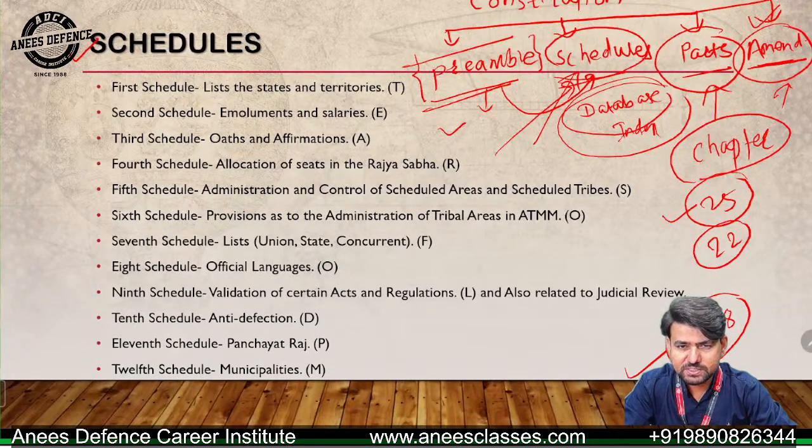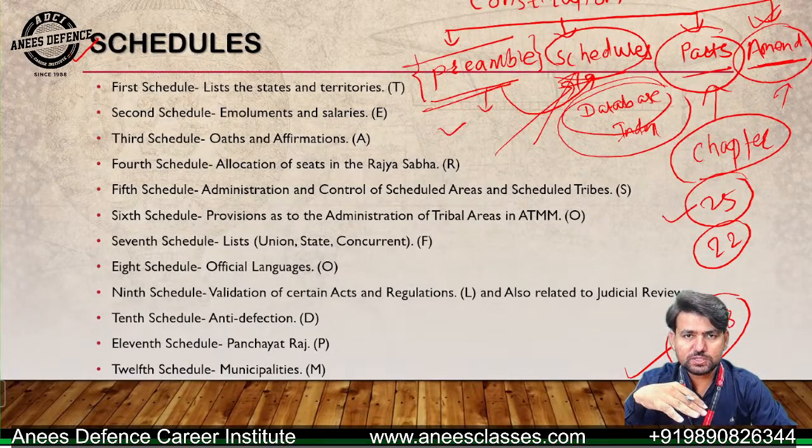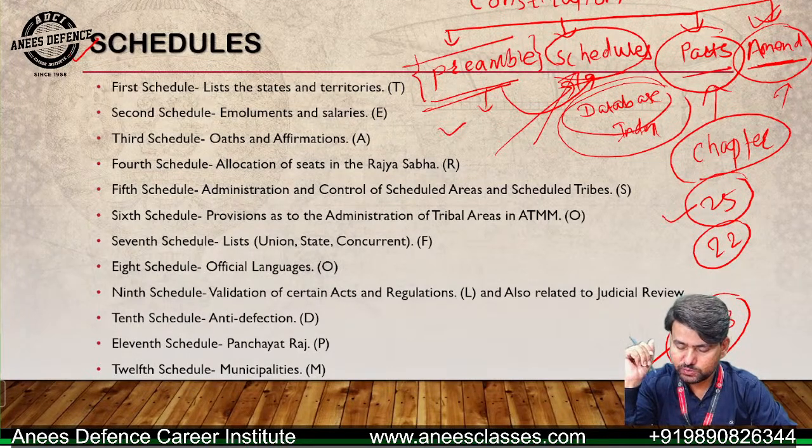Now what do we mean by amendments? As I told you already, making changes in the constitution. What kind of changes? You are either adding something to the constitution, or removing something from it, or making changes in the existing provisions of the constitution. This total amounts to the amendment of the constitution.